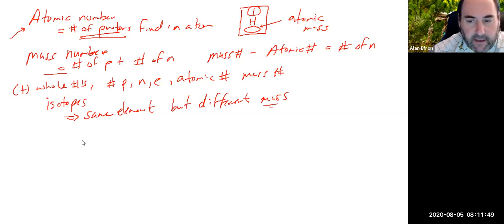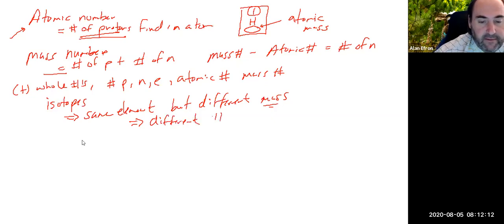Because if you look on the periodic table, every element has its own unique atomic number, which means the number of protons is the subatomic particle that really determines what element we're dealing with. So in order for them to have different masses, it's really the number of neutrons. So they typically have different numbers of neutrons, and thus different mass numbers as well. And when we write those, we can use the symbols.